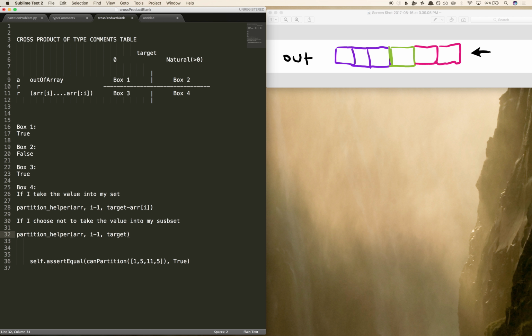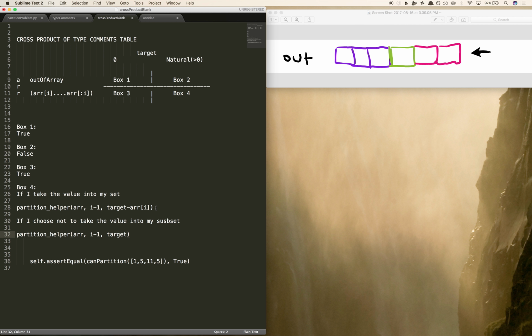Now, it can be one of those two things, and I want to find out which one of these two smaller problems works. If you look at the purple boxes on the figure, each is a smaller version of this bigger problem with a different target value.